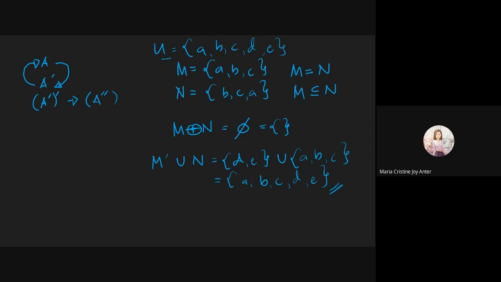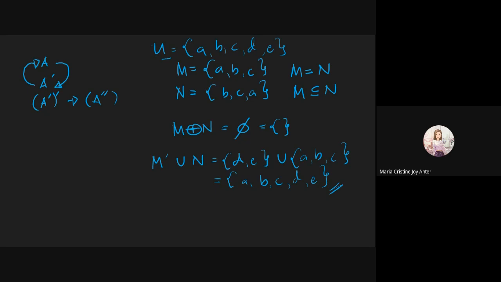Kung walay mag-common nila or kung walay elements na mag-appear on both of them, what will happen is that null set gihapon ang maging resulta, or empty set gihapon siya. Kung walay elements na maging common in that case. Okay? Sige. Other questions?